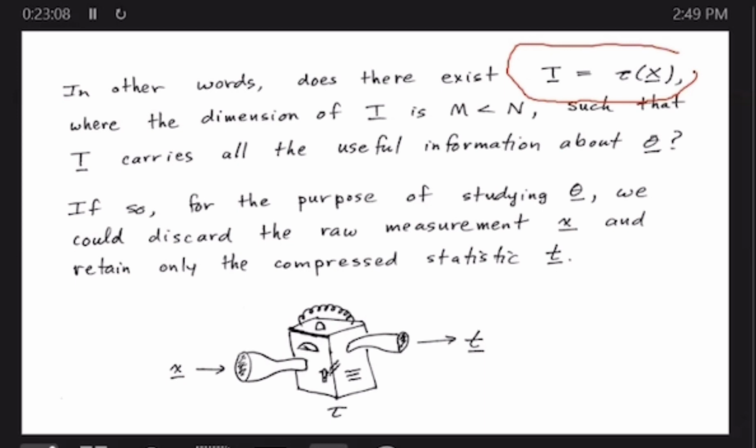We're actually going to retain the compressed statistic. That summarized statistic, we believe, is going to be sufficient, provided certain things are satisfied, which I'm going to show you now.